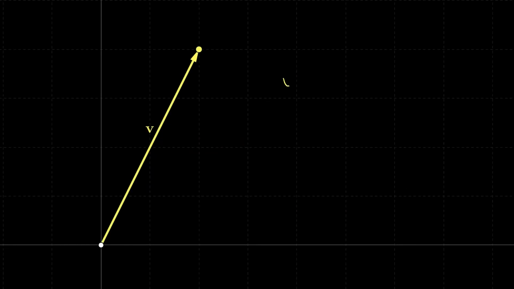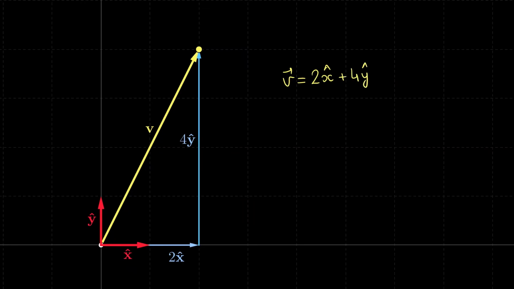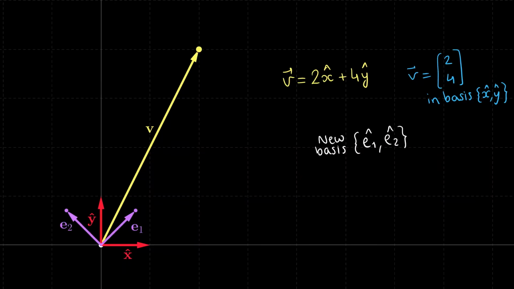Imagine you have a vector v. For the sake of this example, let's suppose this vector is given by 2x hat plus 4y hat. We know that this vector can be written in component form as v equals (2, 4) in the basis x hat, y hat. Now, we want to work in another basis, e1, e2.